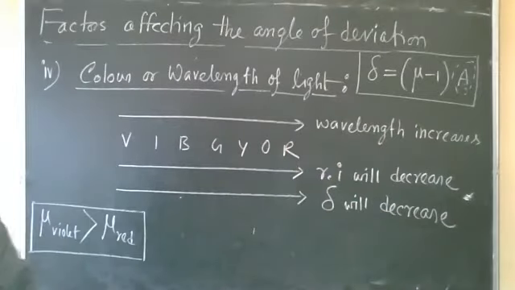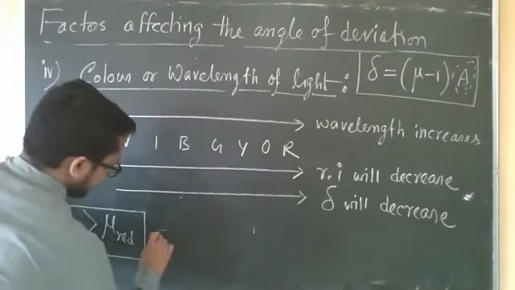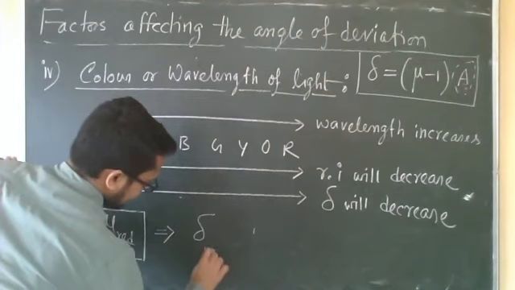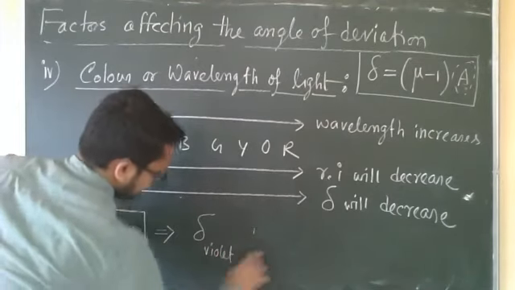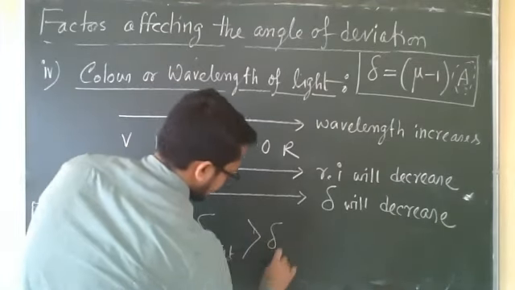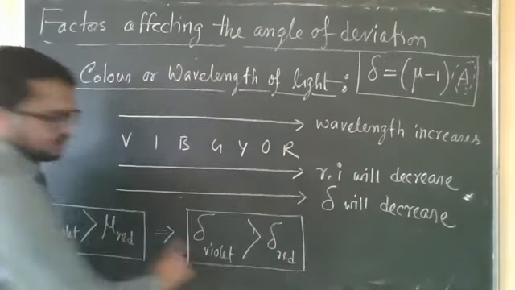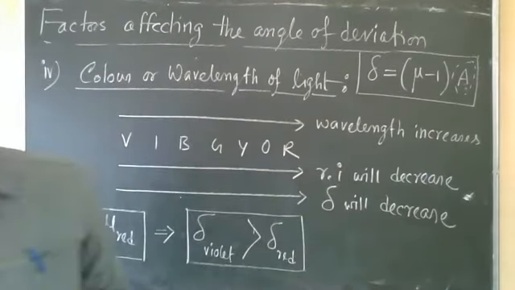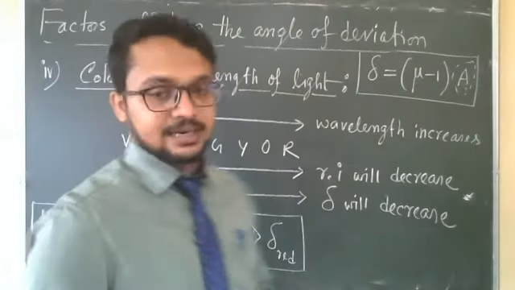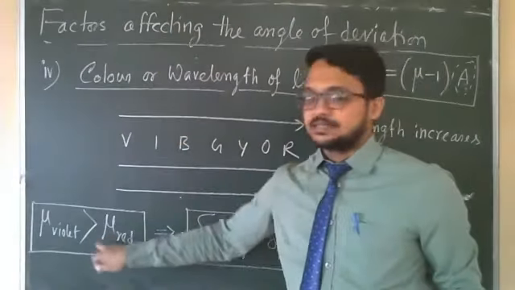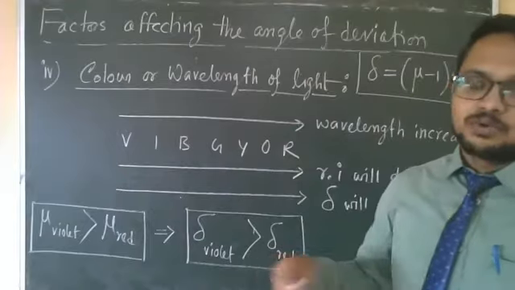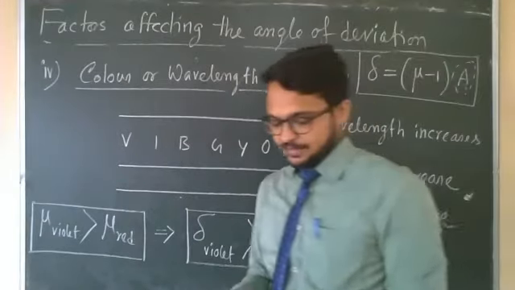Mu violet is greater, that means delta violet is greater than delta red. Note down this point and mark it in your book. It is all in the fourth point: delta violet is greater than delta red, since mu violet is greater than mu red. More refractive index means more deviation.